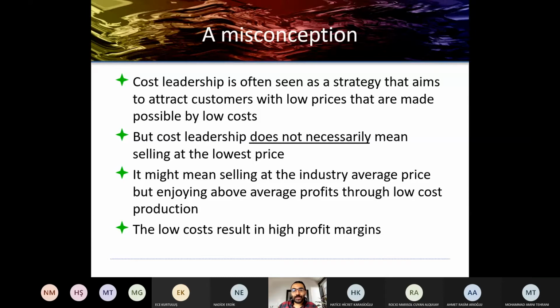Cost leadership is that you can provide a standardized quality, not low quality. Low cost leadership does not mean low quality. Don't forget that. You go to BIM, the product quality is not low, right? The product quality is average. You cannot find their bad quality products.